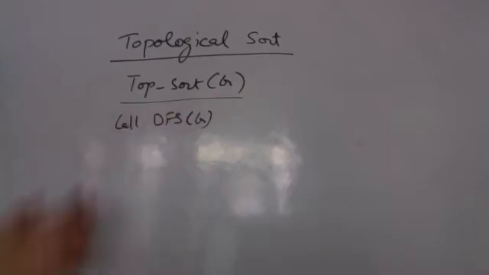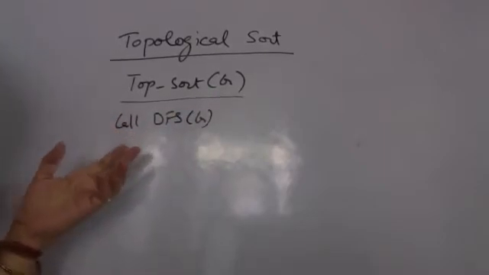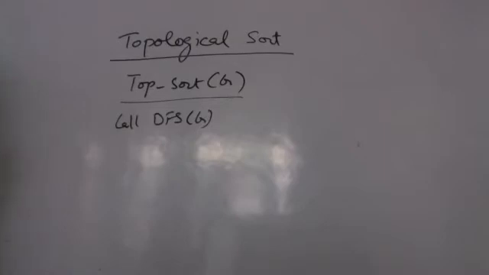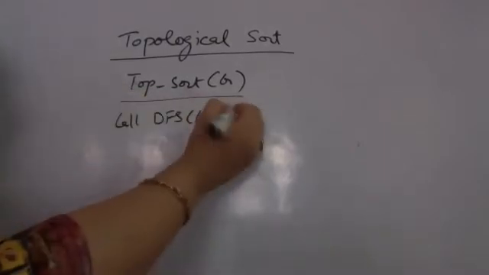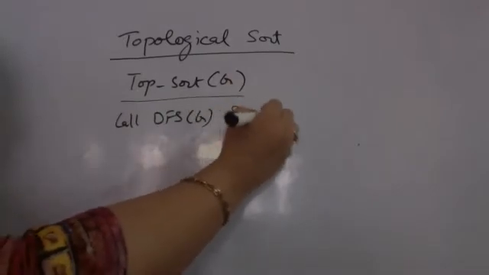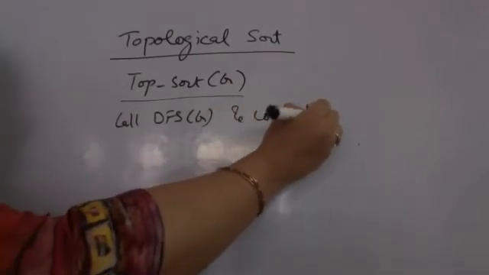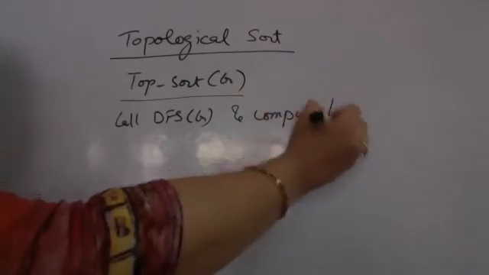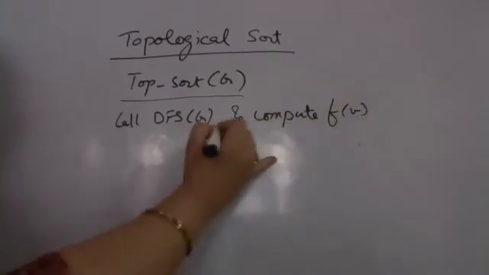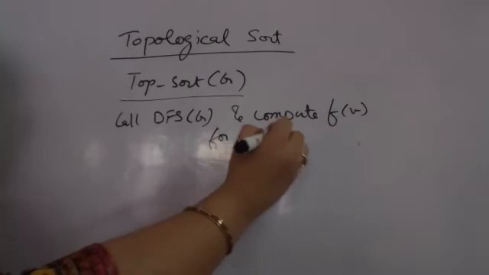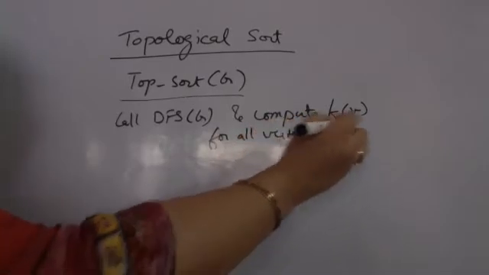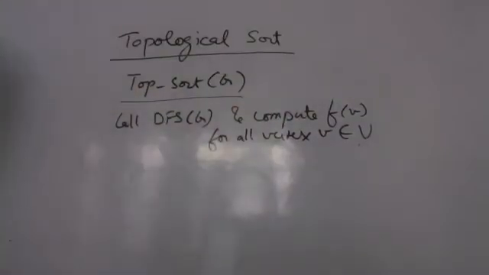I am calling the DFS on the entire graph, and I compute the discovery time and finish time for each vertex. And the thing which I'm interested in here is the finish time. Compute finish time for all vertices belonging to the set of vertices in my graph.